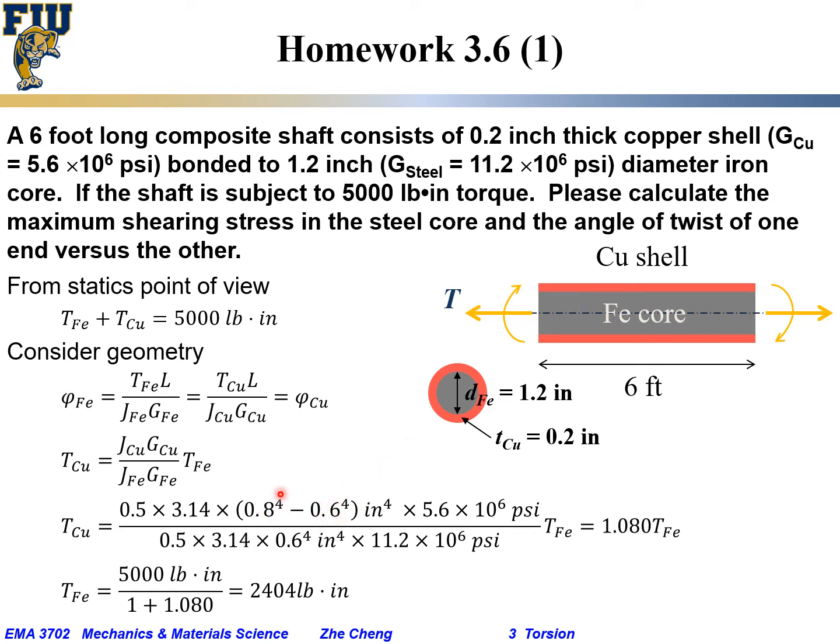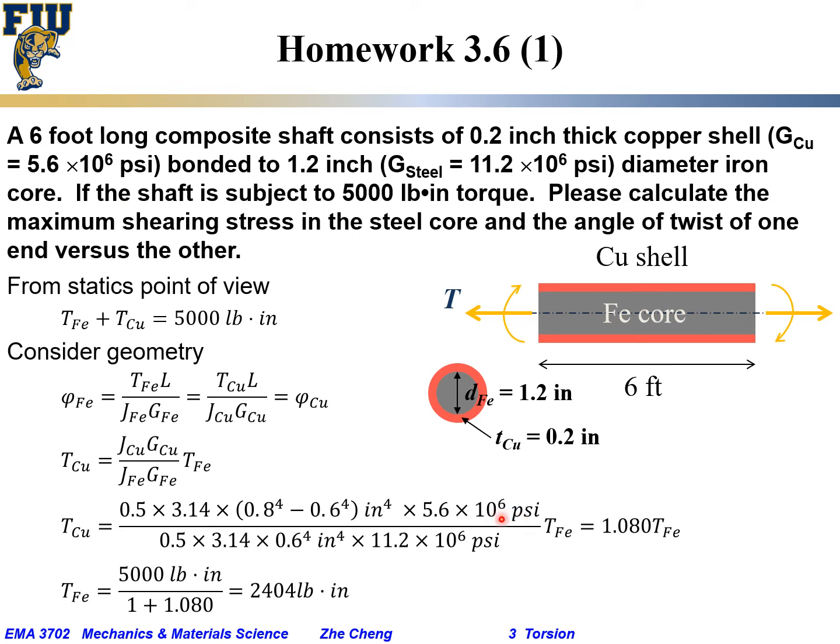And the outside radius for copper would be, as we see, the thickness 0.2 plus half the diameter of the iron core, 1.2 divided by 2, which is 0.6, plus 0.2 gives us 0.8. So that gives us the J for copper. G for copper we said is 5.6 times 10 to the power 6 psi.